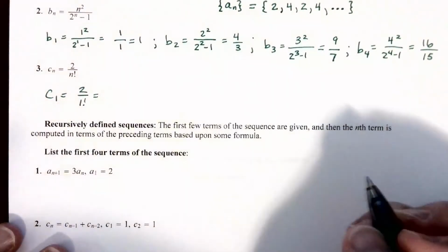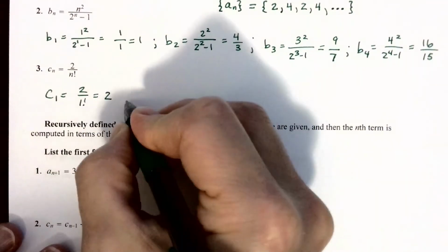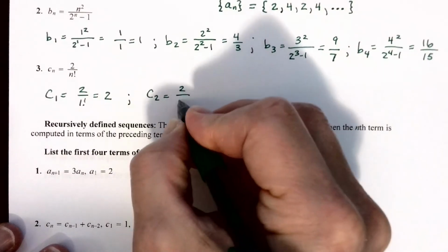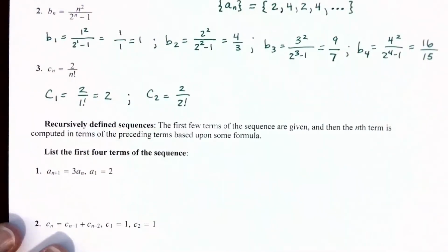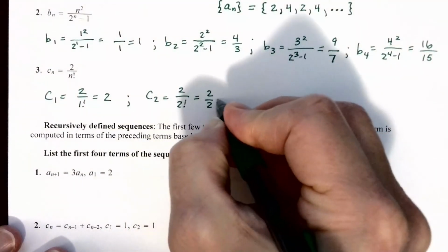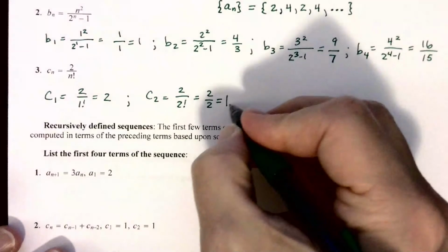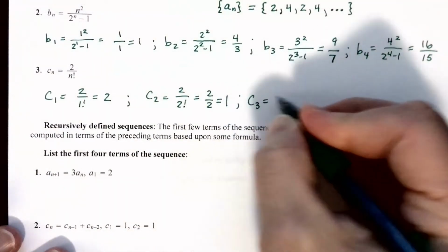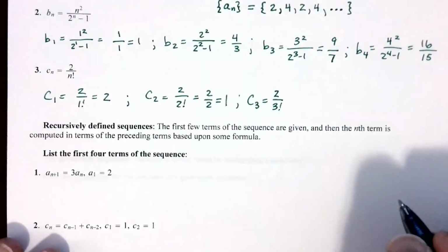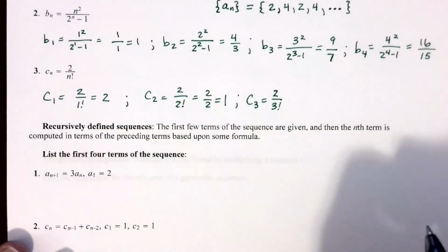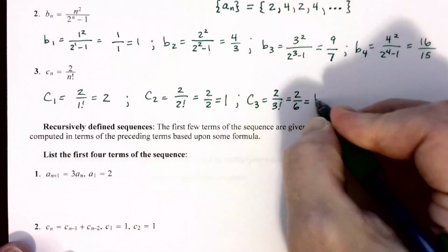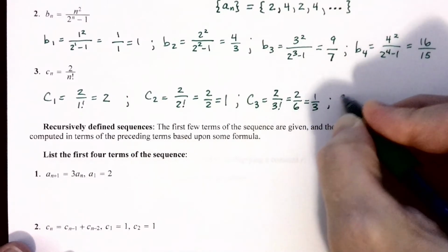And we said 1 factorial was 1, so 2 divided by 1 is 2. c sub 2 is 2 divided by 2 factorial. 2 factorial is 2 times 1, which is 2. 2 divided by 2 is 1. c sub 3 is 2 divided by 3 factorial. 3 factorial is 3 times 2 times 1, which is 6. So this is 2/6, which is the same as 1/3. And then c sub 4.